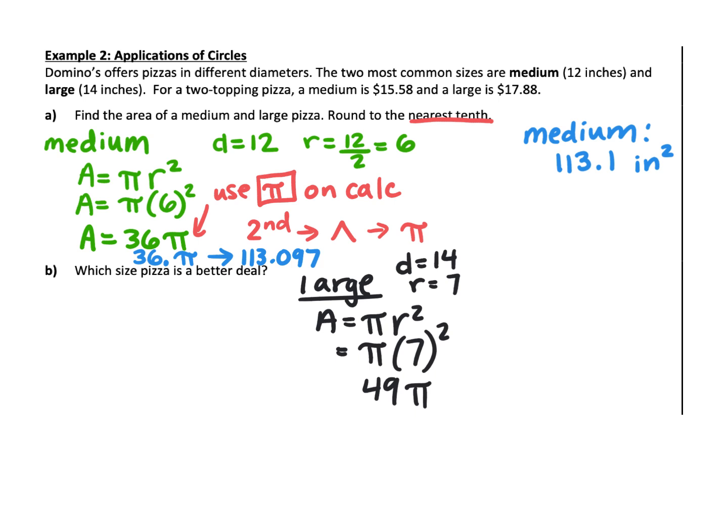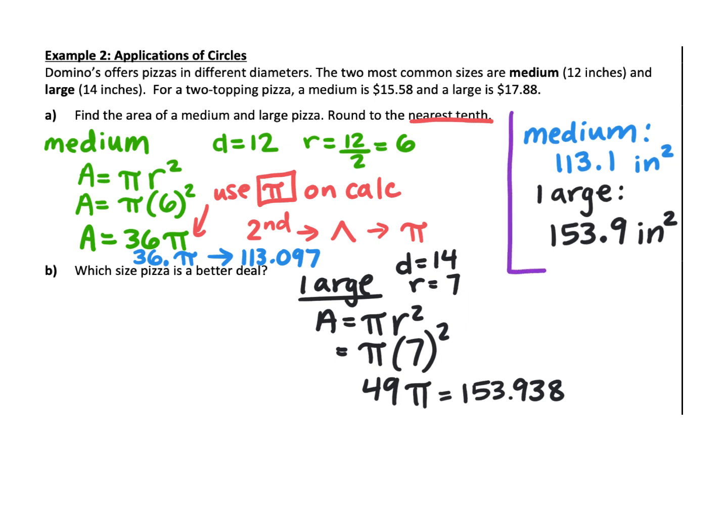Your calculator is going to give you about 153.938. Really, I just need one decimal place. So the large pizza at Domino's has an area of 153.9 square inches.